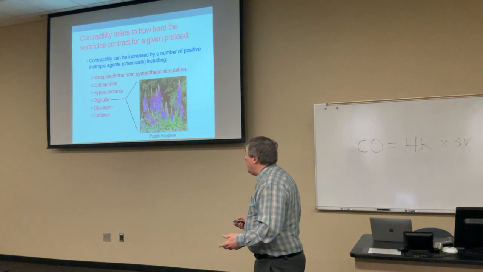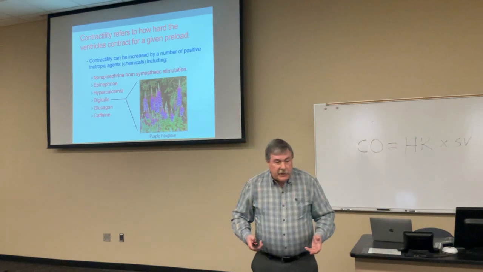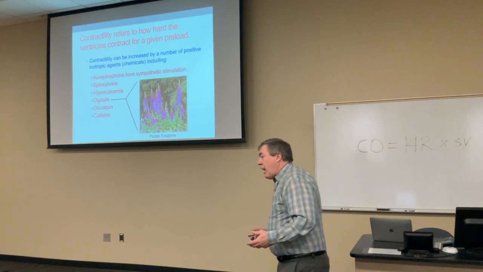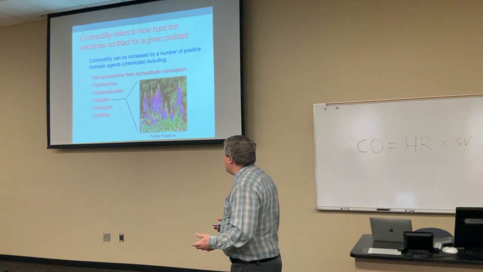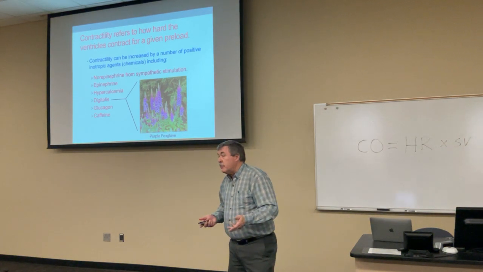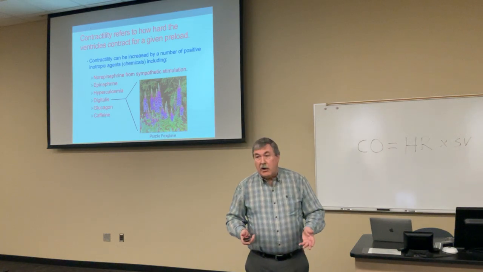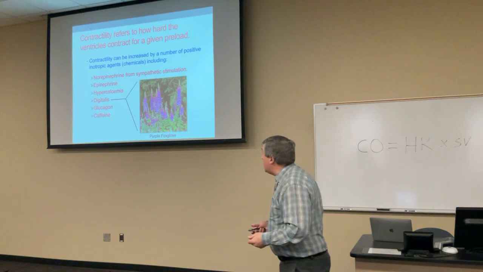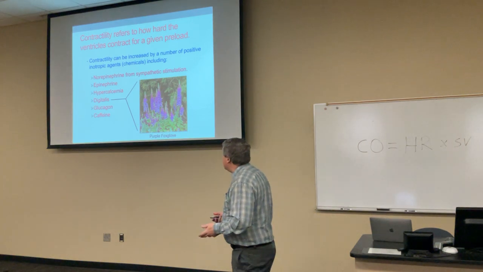Now, another way of increasing stroke volume is to increase contractility. And contractility can be increased by applying a number of different chemicals to the heart. These chemicals that increase contractility are called inotropic agents.